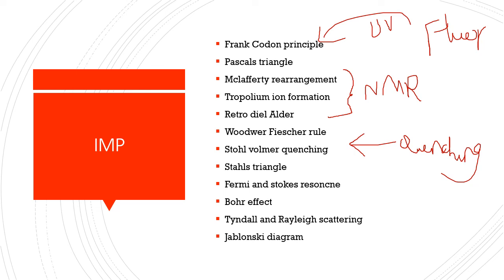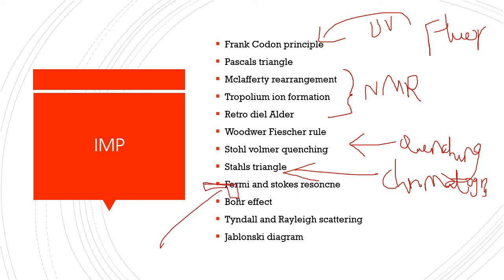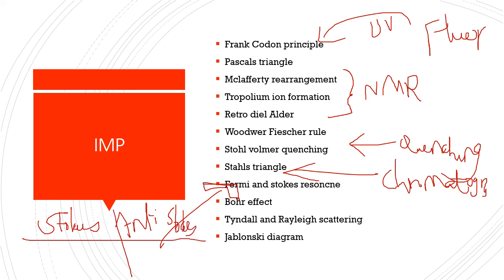Next you have Stahl's triangle, which is used in chromatographic techniques when we have to select the mobile phase. Fermi resonance and Stokes shift are very important phenomena. Stokes shift and anti-Stokes shift in fluorescence and IR spectroscopy, so just have a brief view about the Stokes and anti-Stokes shift.